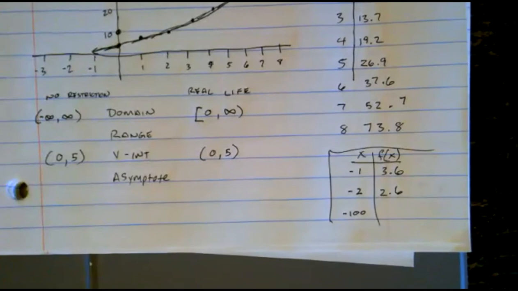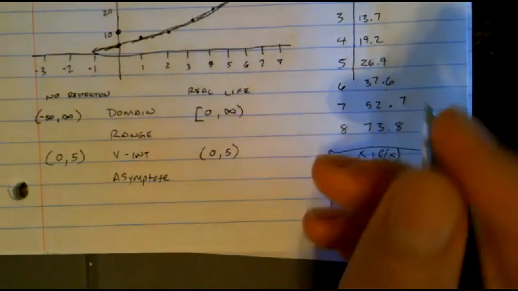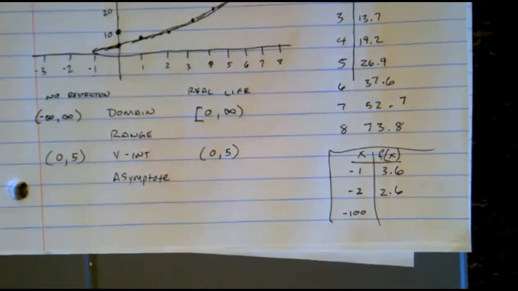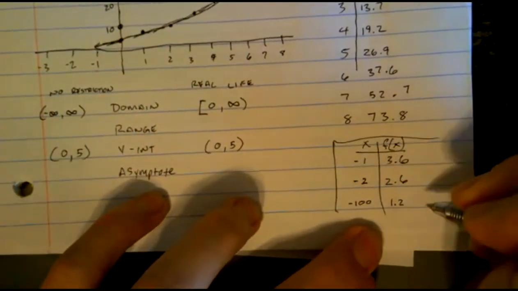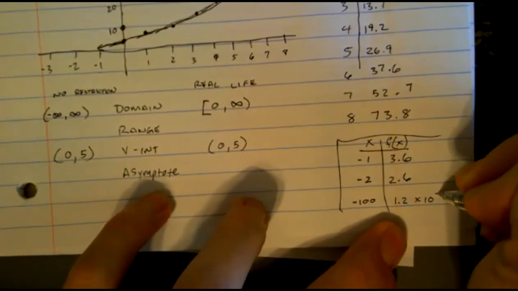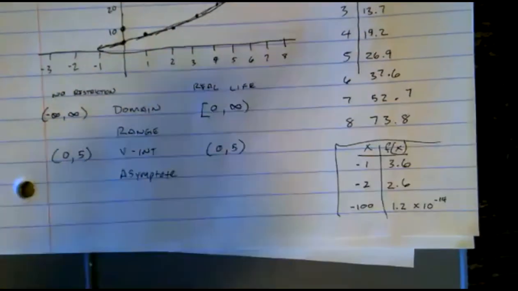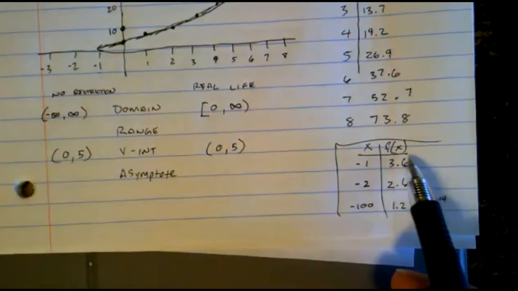And -100 creates, well, let's go, yeah, that's fine. You get this number, 1.2 times 10 to the -14th. Those are our three numbers, and you can see it's going down.